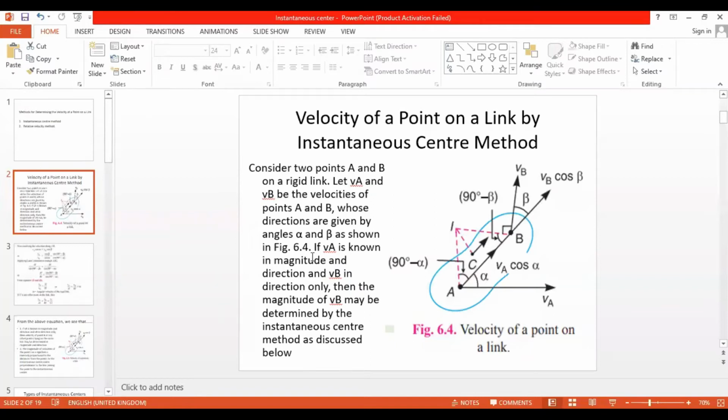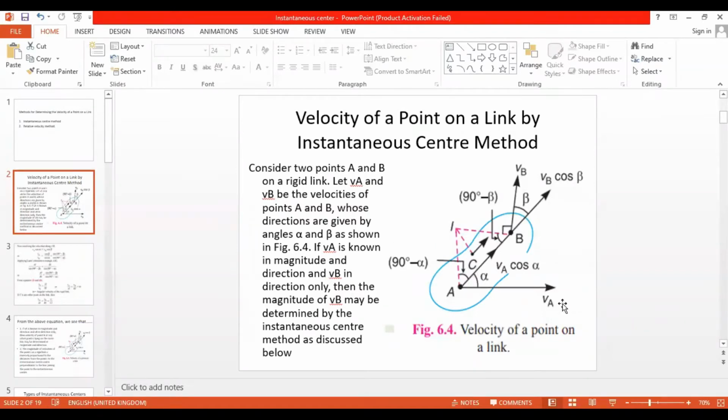If VA is known in magnitude and direction, we know velocity is a vector which can be denoted by magnitude and direction. The length of the arrow denotes the magnitude and the angle denotes the direction in which it is acting. Similarly for VB.